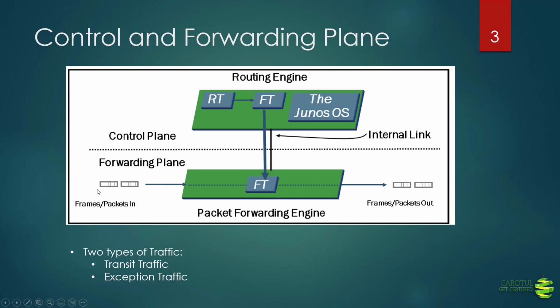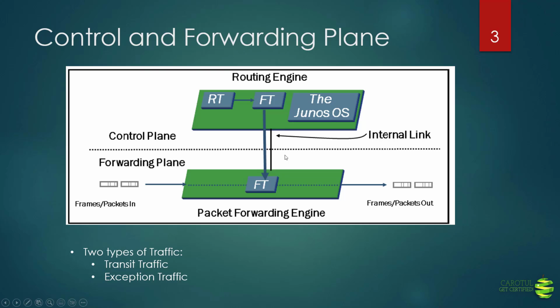That means when the frames are going through the router, it doesn't need to go to the routing engine. So it doesn't interfere with the main processor, right? It doesn't create an exception for that. All the traffic passes through the packet forwarding engine using the ASICs, without disturbing the routing engine or creating any interrupt for it, right?